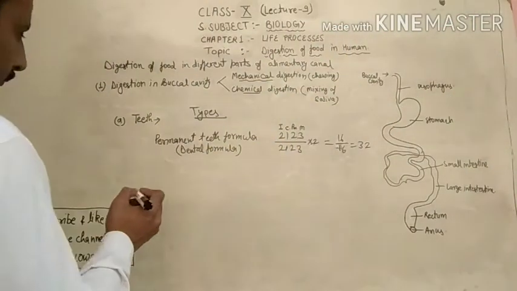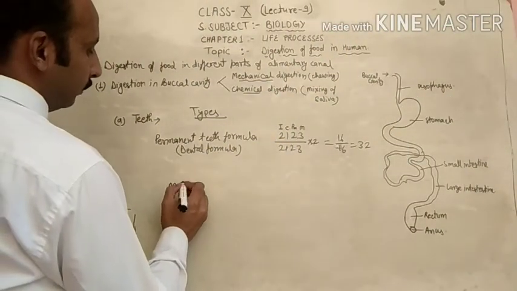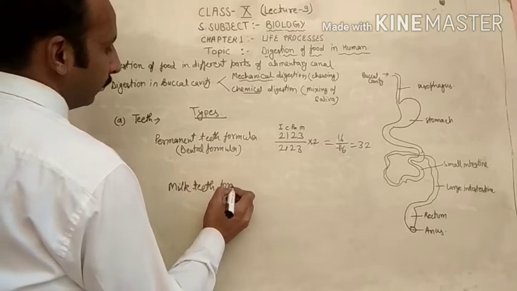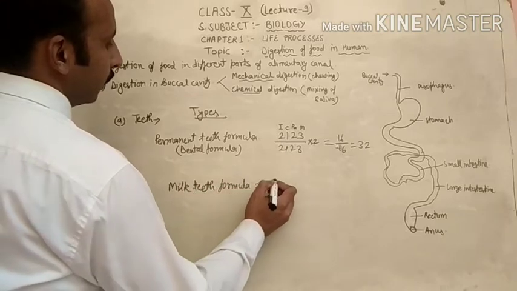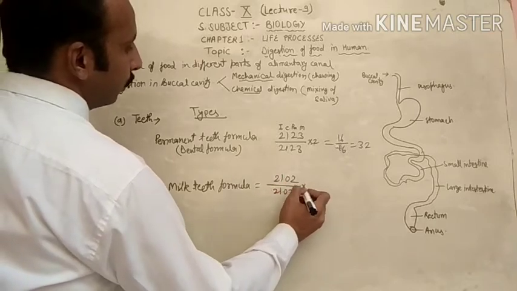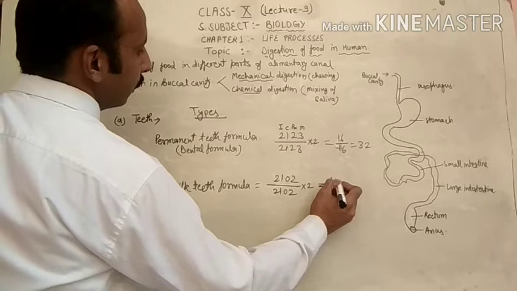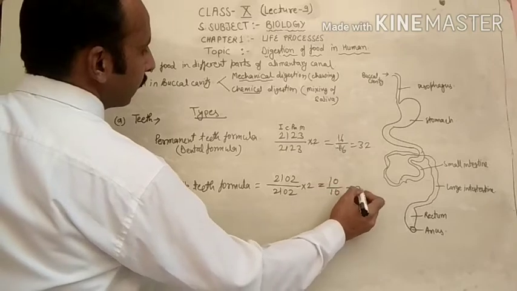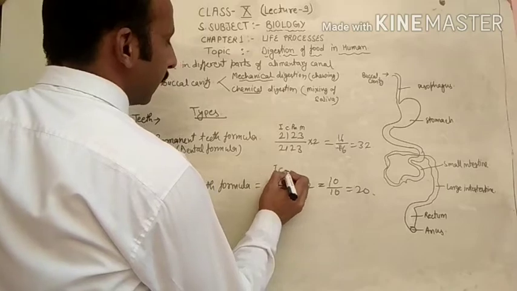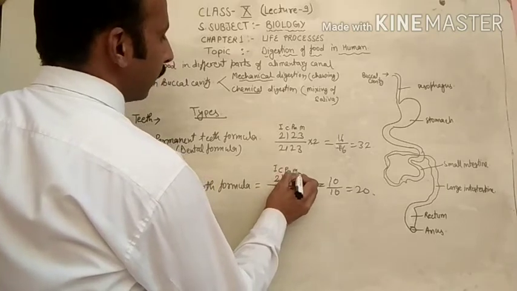Now the milk teeth formula. Milk teeth formula is equal to 2102 upon 2102, into 2, is equal to 10 by 10, is equal to 20. Same formula: incisors, canine, premolars and molars.